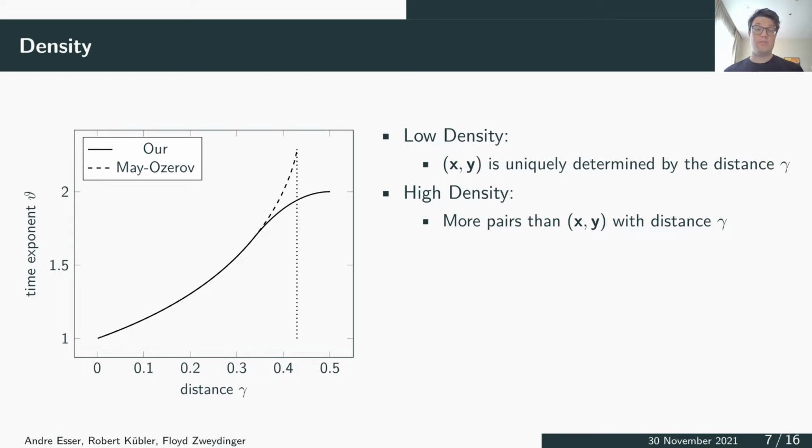In this case, both algorithms reach the time lower bound of LSF based algorithms. On the right side of the graph, instead, we are having the high density case, meaning there are more elements with the same relative distance as our distinguished one, which means every algorithm needs to enumerate every such pair to find the distinguished one.